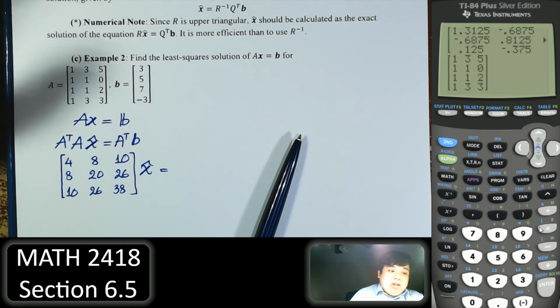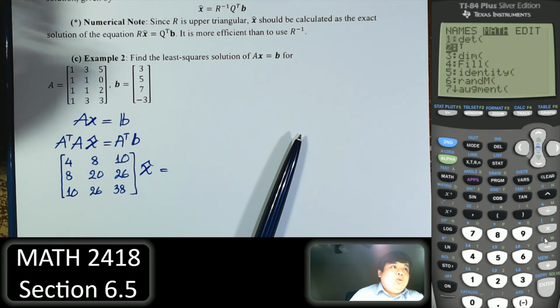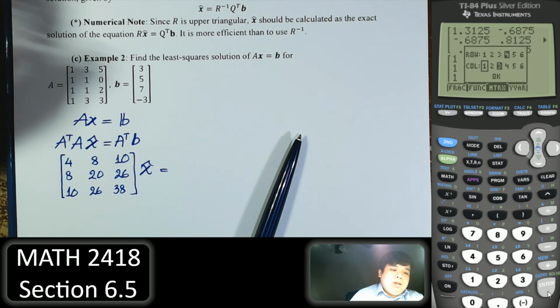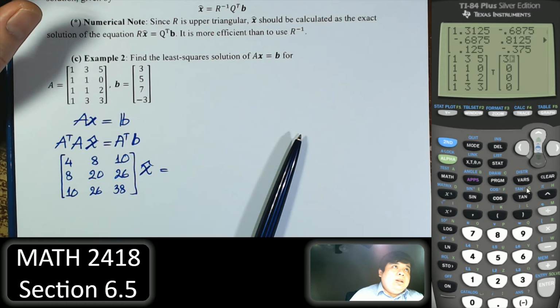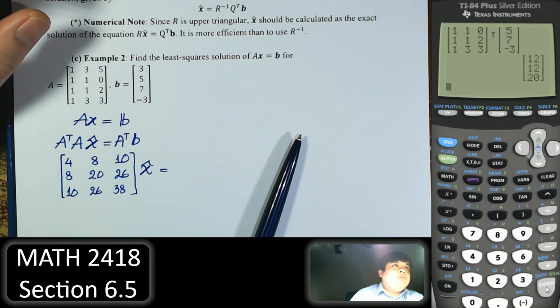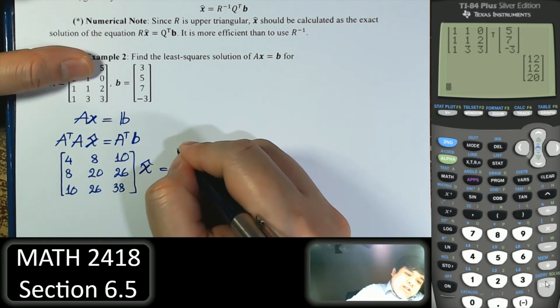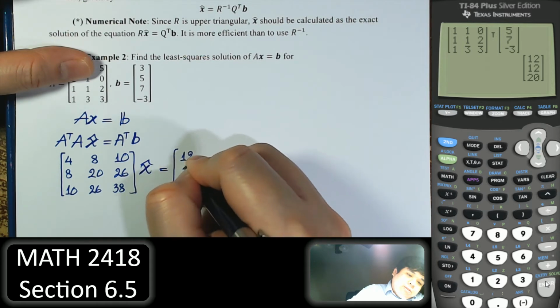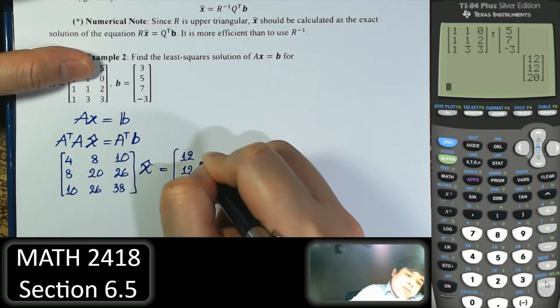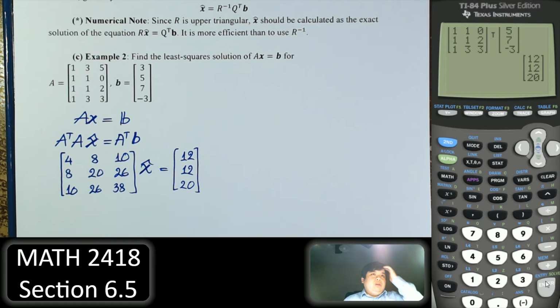That is the matrix A, right? And then transpose that, multiply by the matrix B: 3, 5, 7, -3, 12, 12, 20. That would be a unique solution because A transpose A is invertible.